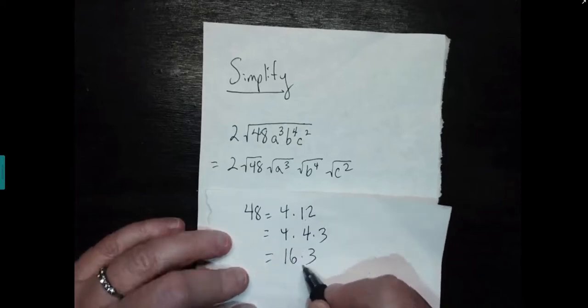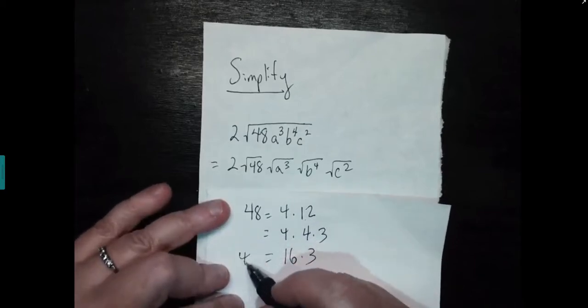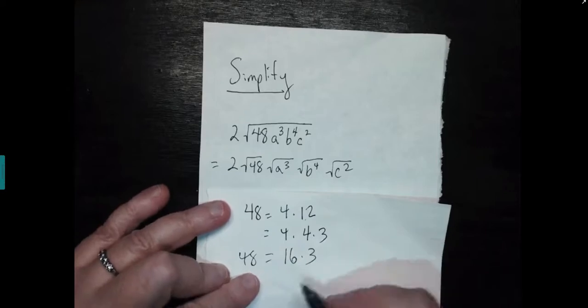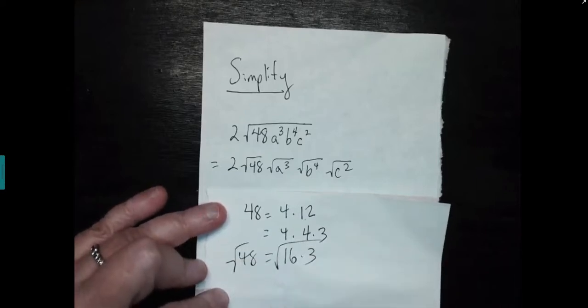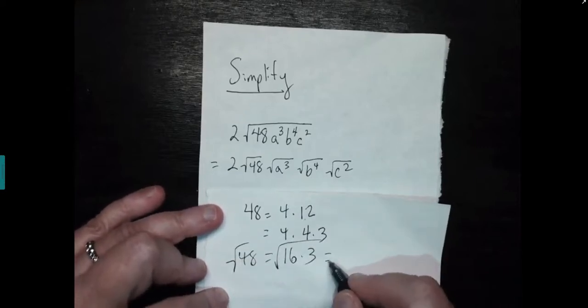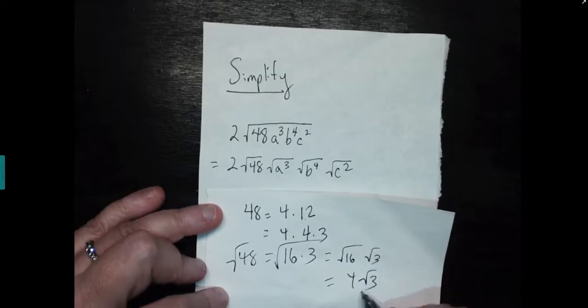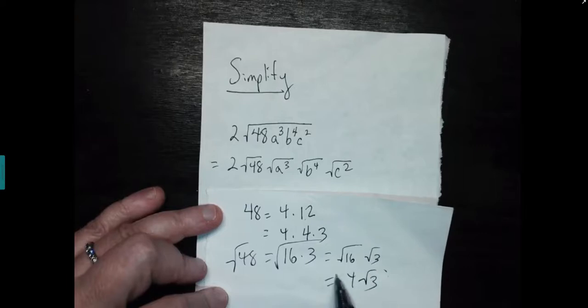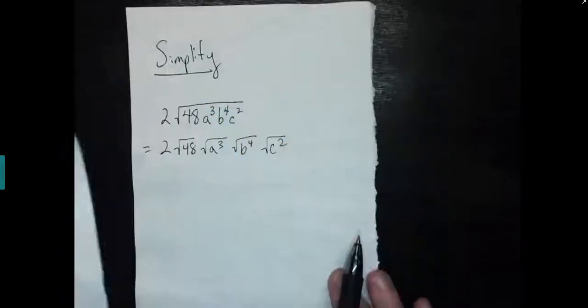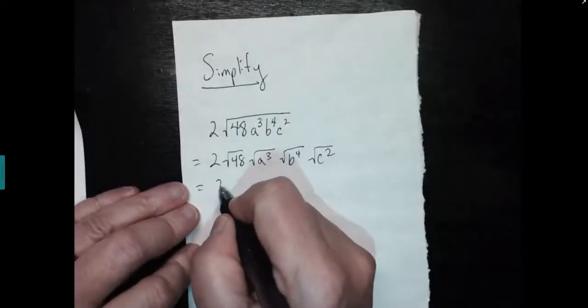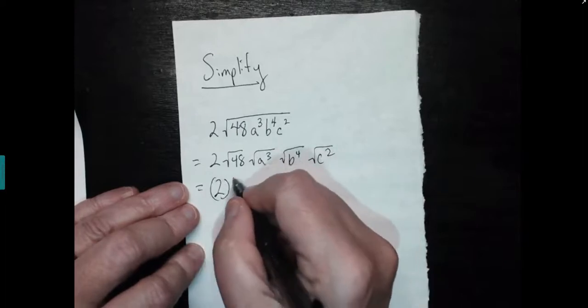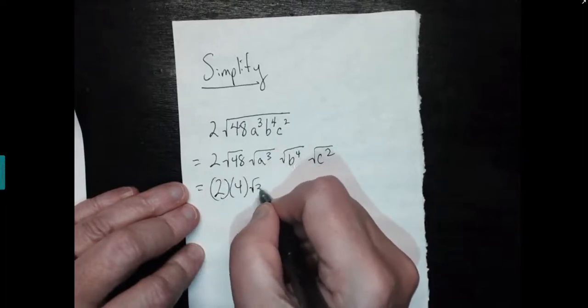So I think this is the best way we want to write 48 for this problem. So the square root of 48 is the square root of 16 times 3, but now we're going to use the fact that we can split it up. And so instead of square root of 48, we're going to have 4 times the square root of 3. So this is going to be 2 times 4 times the square root of 3.